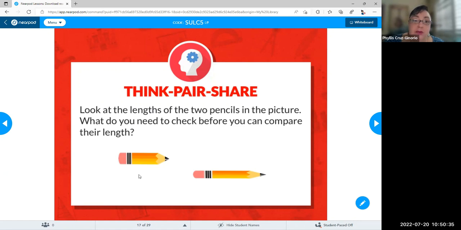Slide him back so he is on the same starting line for measurement as the short pencil. So look at the lengths. What's wrong with this picture? Yeah, I see it now. It's very hard to compare if they're not starting at the same place. You can't tell where they end.